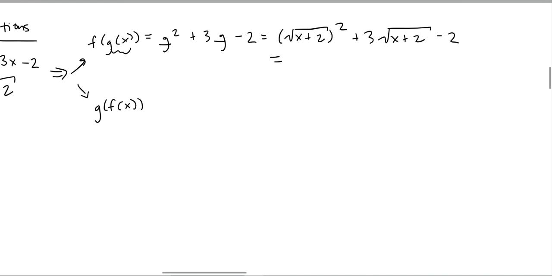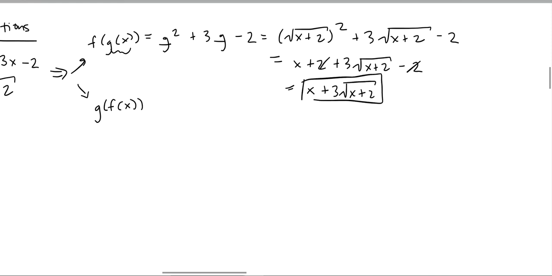Then we have plus 3 square roots of x plus 2 minus 2. We cancel out the 2's, and we get x plus 3 square roots of x plus 2. This is equal to f of g of x.